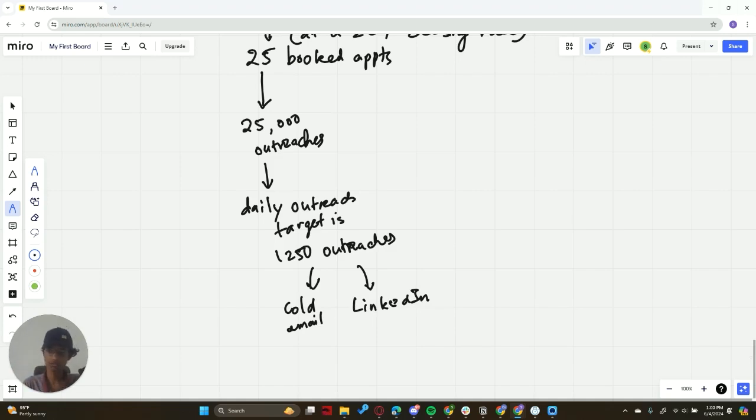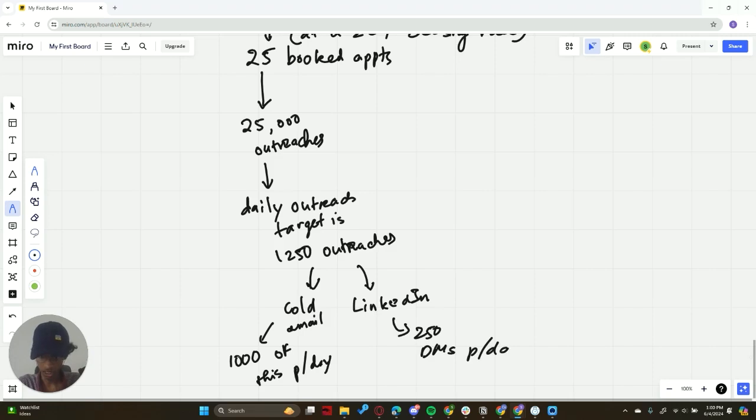That's how I would go about it. I would split it evenly, or I would prioritize cold email in terms of volume, and then I would say 1,000 cold emails, and then 250 DMs per day via LinkedIn. This is what I would do.